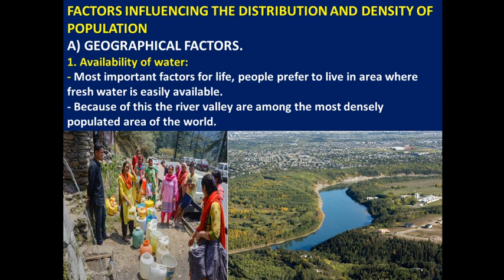Because of that, river valleys of the world are highly densely populated regions, because of water. As compared to desert regions, where the population density is very low, river valleys have high density because of availability of water.